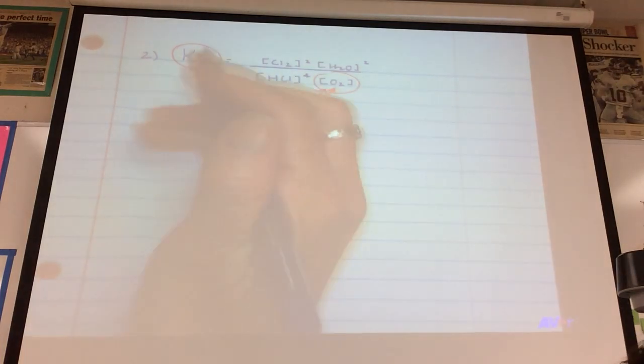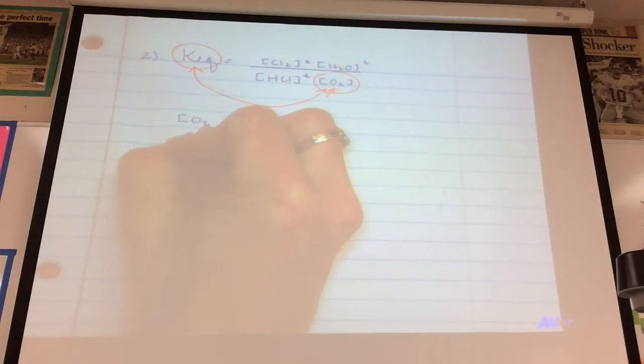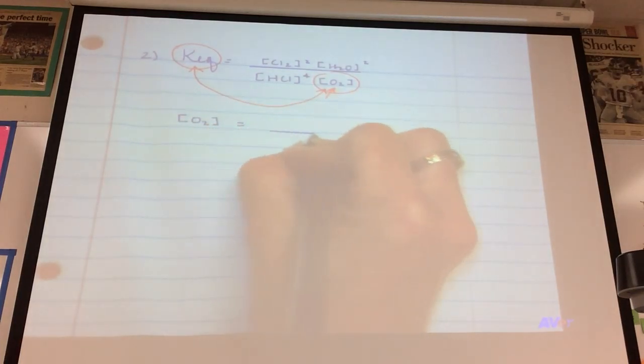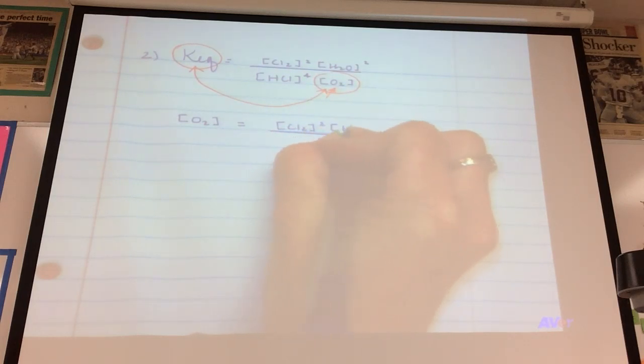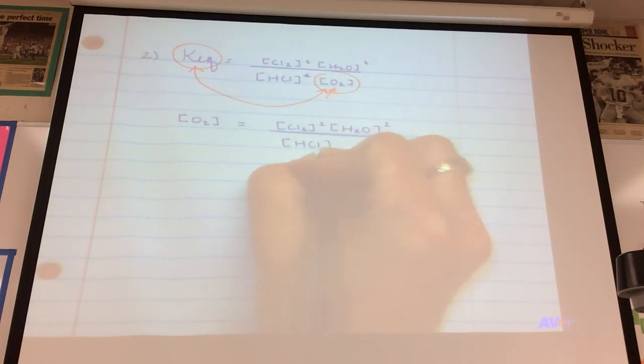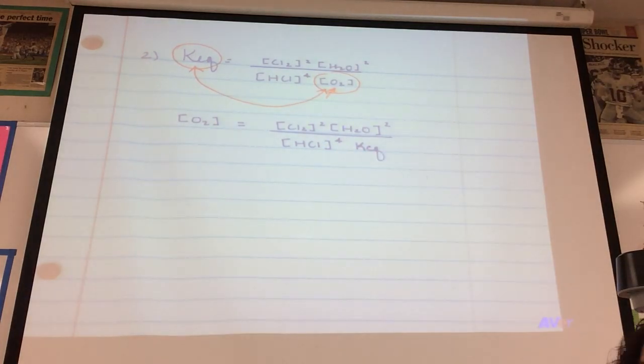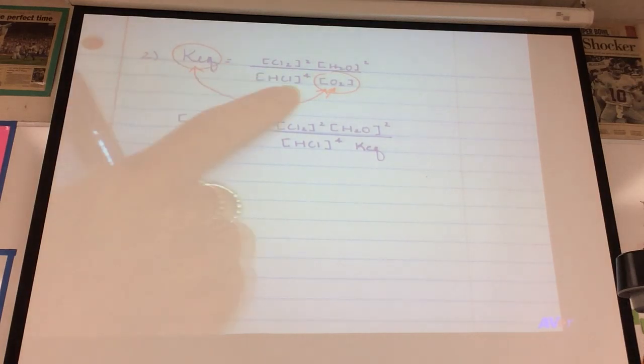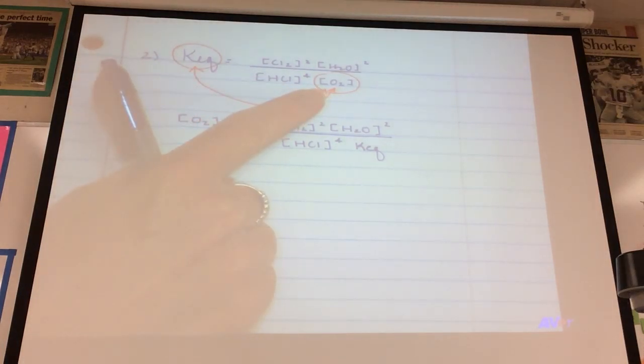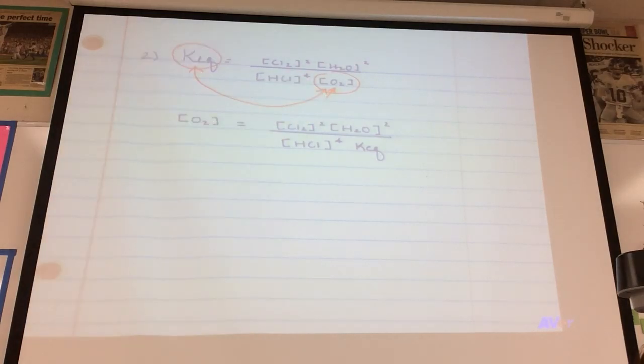And what you would get out would be concentration of oxygen is equal to, same numerator, and that essentially is the same as interchanging the numerator on one side of the equation with the denominator on the other side. Be careful, don't start interchanging numerators. That's a no-no. Only the numerator on one side with the denominator on the other side.